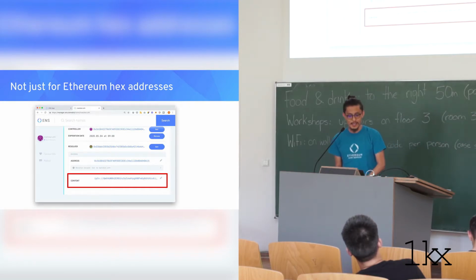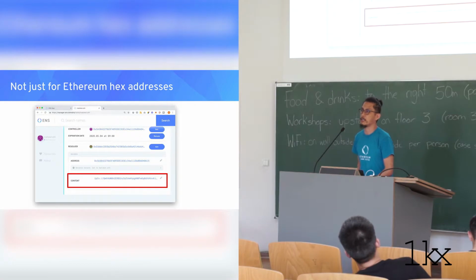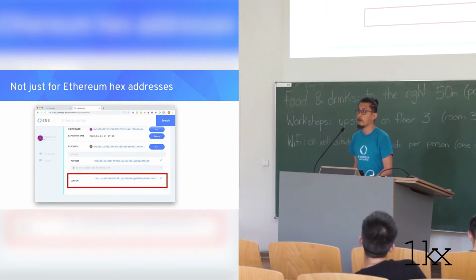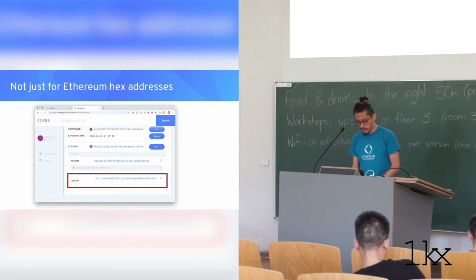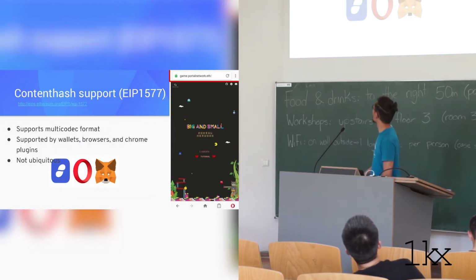A sticker. We have a couple of other fields you can set, not just address. You can set ABI information or public key. And one of the hot new features is content hash, because once you put the content hash of IPFS or especially Swarm, there's now a couple of browser or extension supports.